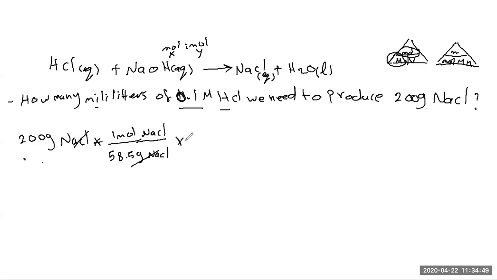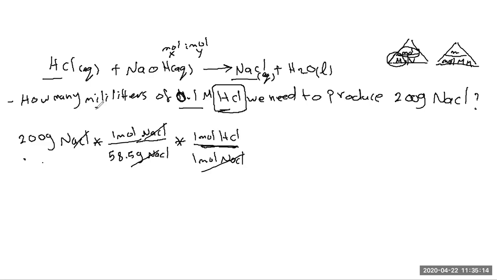Now we need the mole of HCl, so we will use the mole to mole ratio. What is the mole to mole ratio? NaCl, HCl, it is 1 to 1. So it will be 1 mole HCl divided by 1 mole NaCl. Cancel mole NaCl with mole NaCl. We have right now the mole of HCl.